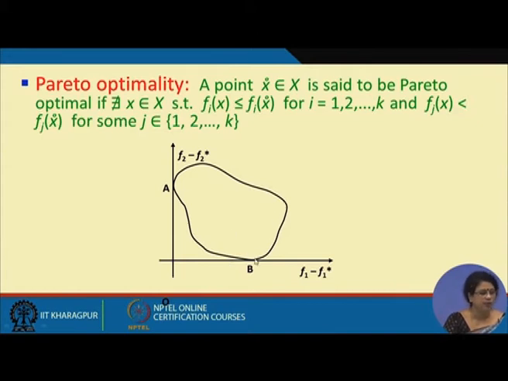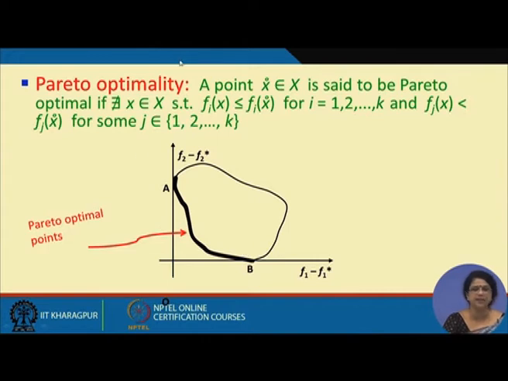Then if I consider the edge of this feasible space from A to B, that is the Pareto optimal frontier, rather the Pareto optimal points, because all the points are equally acceptable to me.